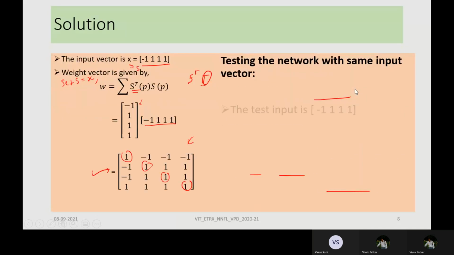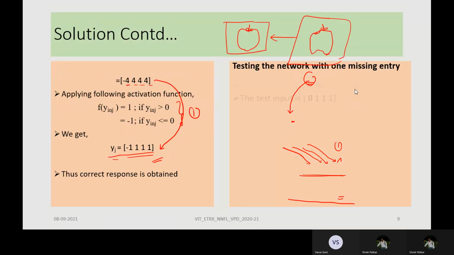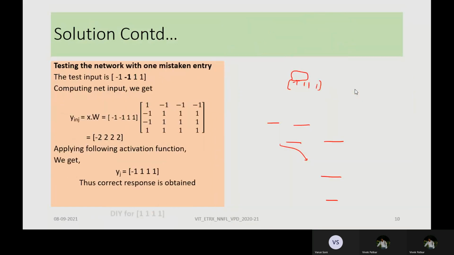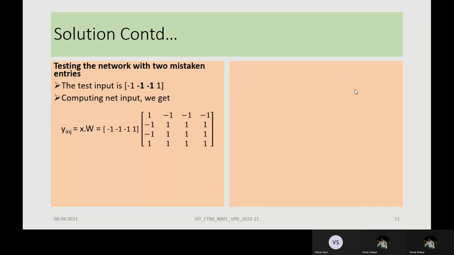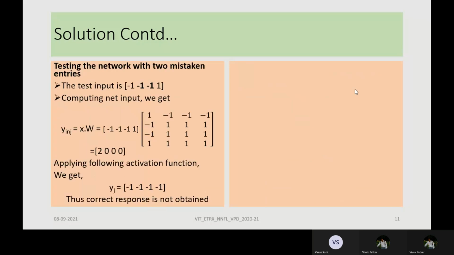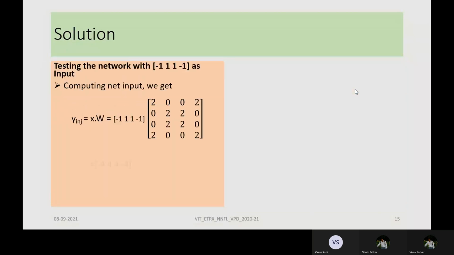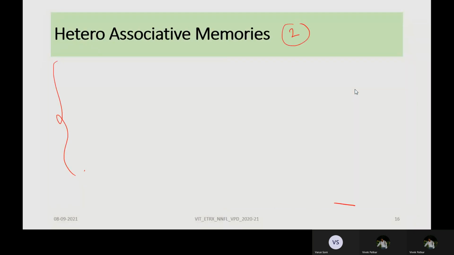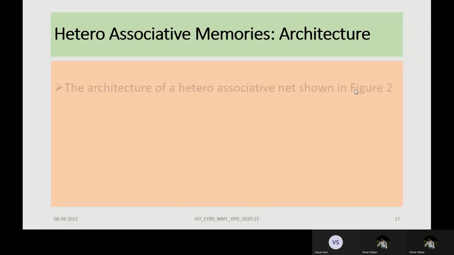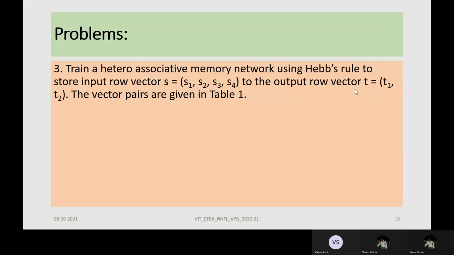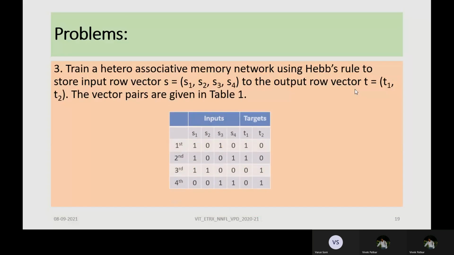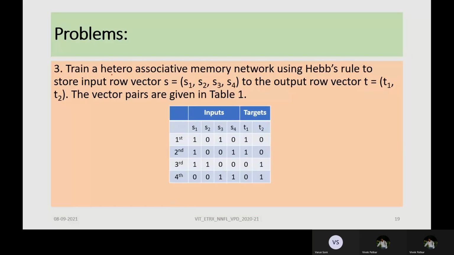So moving ahead to the problem of heteroassociative memories. We have to train a heteroassociative memory using the Hebb's rule for storing these patterns S1, S2, S3, S4.